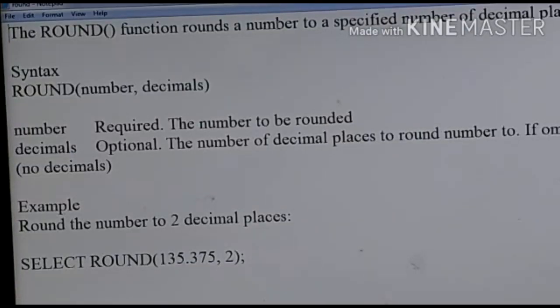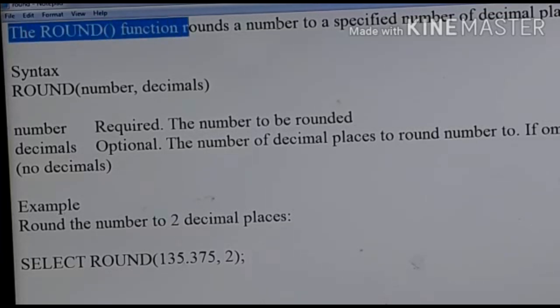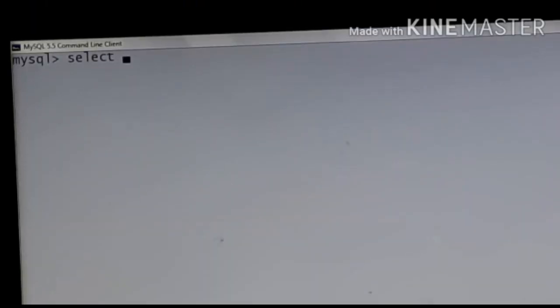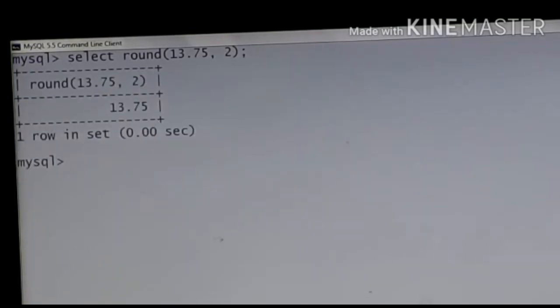Next mathematical function is round. The round function rounds a number to a specified number of decimal places. Let's see the example of the round function. Round, bracket open, the value which you want to round off, for instance 13.75, comma, how many decimal places you want, that number, semicolon, and press enter.